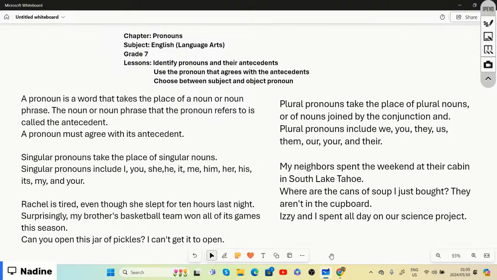So today we're going to do 3 of the lessons. When we meet again, we're going to do another 3, and thereafter we will do another 3 of the lessons, because it's quite a lot.